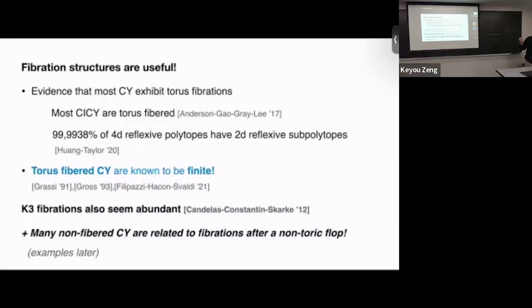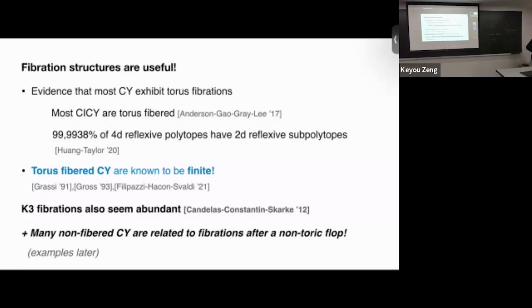Okay. Now, that led mostly physicists to look for sort of a survey, a statistical analysis of the literature of the existing lists. And so most complete intersection Calabi-Yaus are torus-fibered. Okay, that can be made precise.